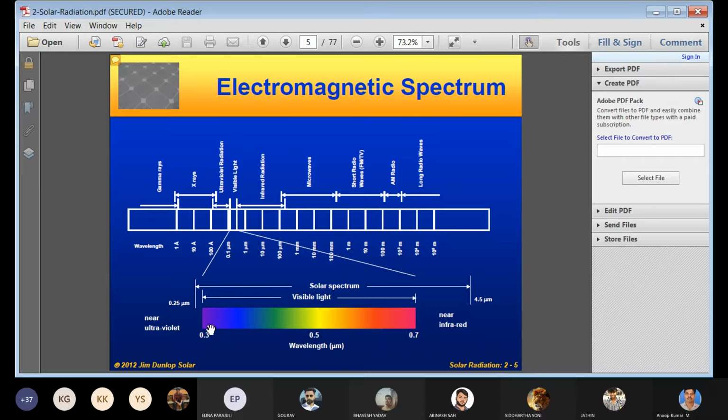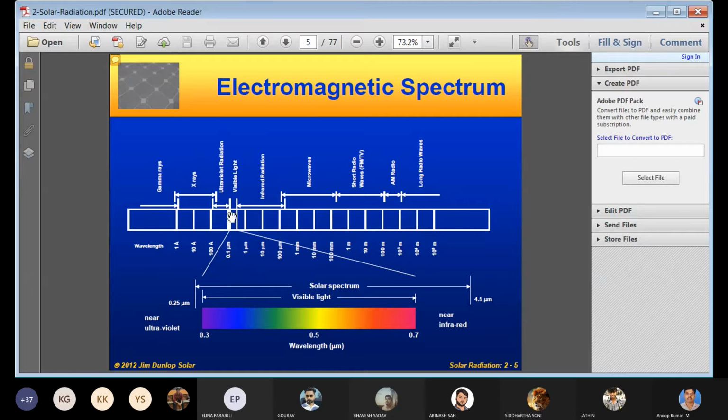So 0.3 means violet, then it increases, VIBG, indigo, blue, all these things are there, yellow, green, last red, right? Red means almost 0.7 micrometer.